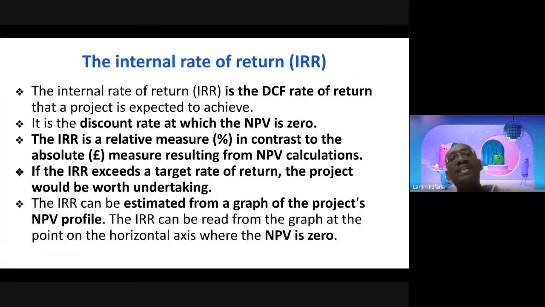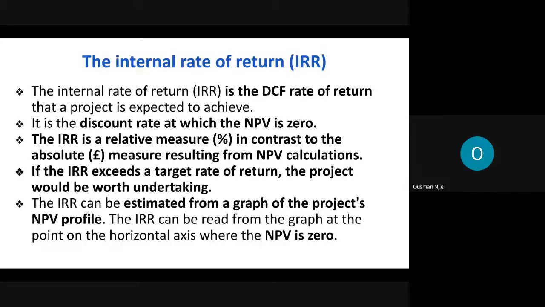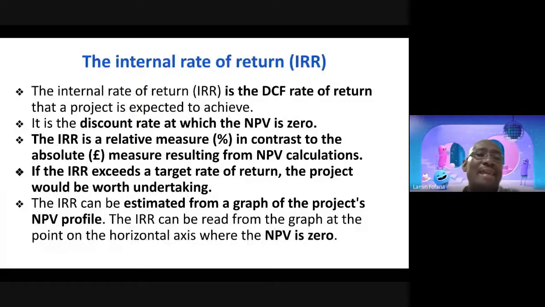So the internal rate of return is another DCF technique, discounted cash flow technique, okay? It's the discount rate at which NPV is 0. Unlike the NPV, the IRR is a relative measure, that means it's a percentage. The decision rule is when we calculate our IRR in percentage, we compare it to the target that the company accepts.